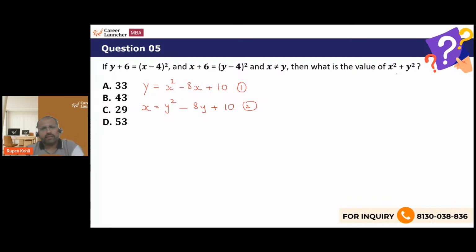Now again, in these kinds of questions, our objective is actually not to solve for the values of x and y directly or exactly. That might be a difficult part, because if you're thinking, okay, from the first equation, let's put that in the second equation, just think about this. If I put this quadratic expression in the second equation, then y will be replaced as x square minus this whole thing.